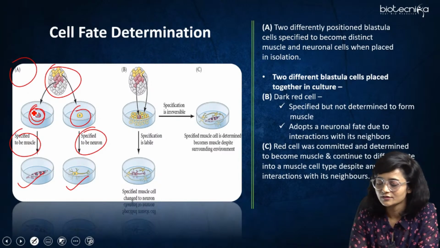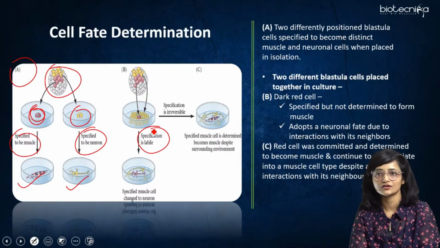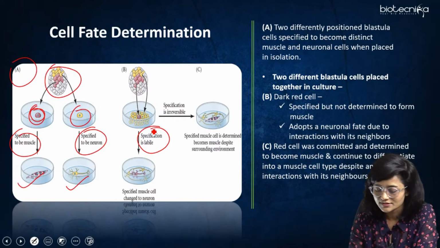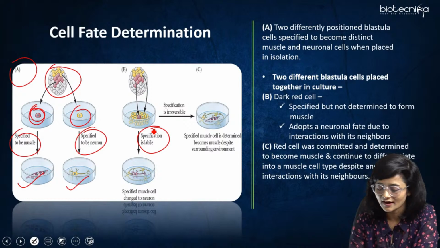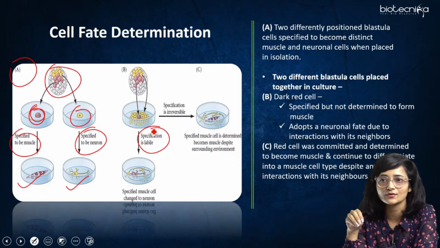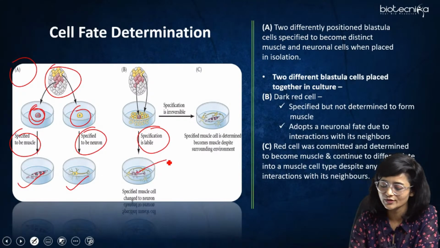Then what happens is that the specification is labile. It can revert back. You can see here that the muscle cells we were growing inside the neuron-producing cells, with the external factors being those of the neuron-producing cells, also produce neurons.